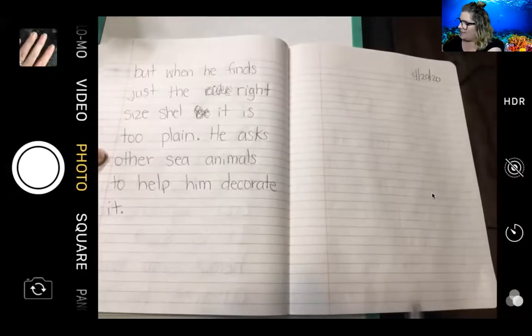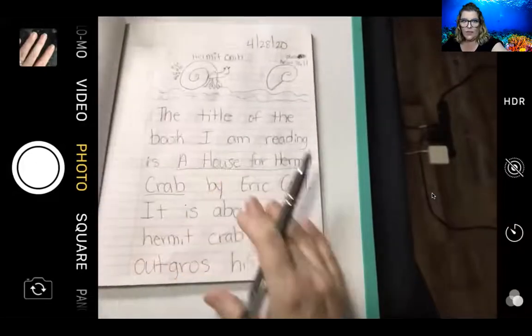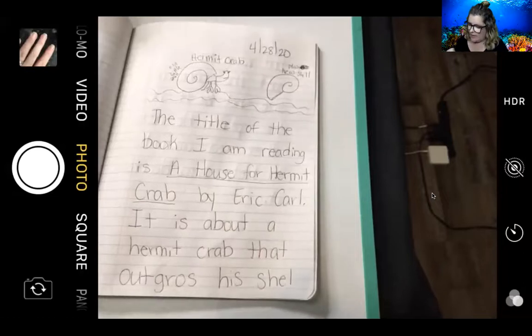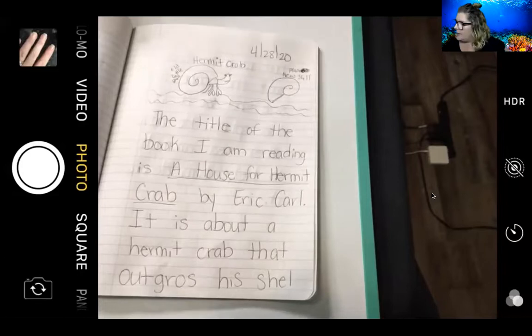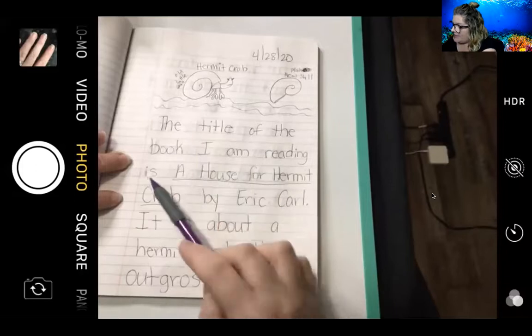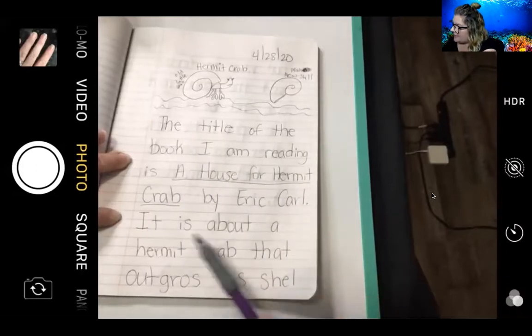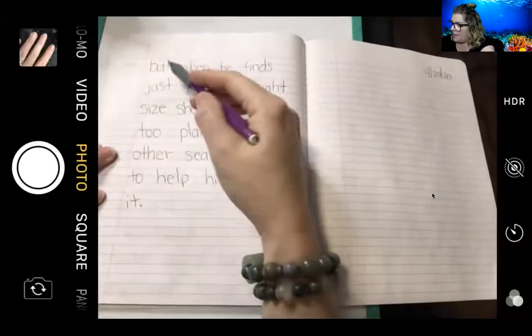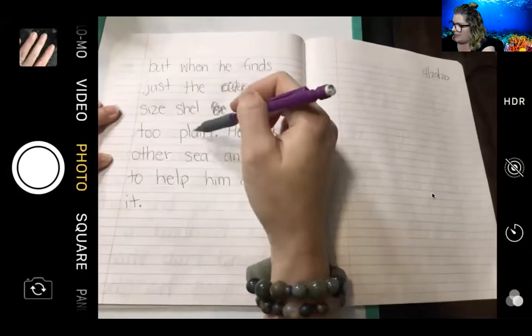Let me reread what I wrote, because good writers always reread, so they know that everything looks right, sounds right, makes sense, and that your readers will be able to read it really easily. Here we go. The title of the book I am reading is A House for Hermit Crab by Eric Carle. It is about a hermit crab that outgrows his shell, but when he finds just the right size shell, it is too plain.